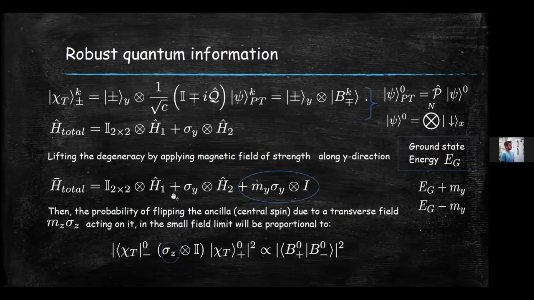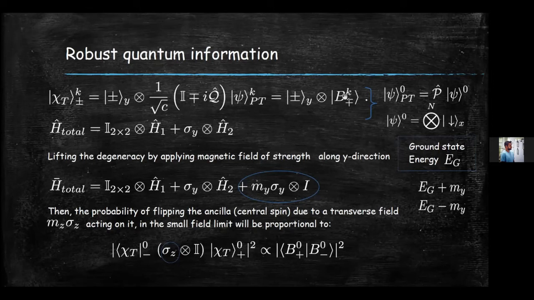Then what we found is the probability of flipping this ancillary degree of freedom by using any anisotropic magnetic field. So let's say we now apply an extra magnetic field along the z direction to these spins, the probability of that happening turns out to be proportional to b plus and b minus mod square.